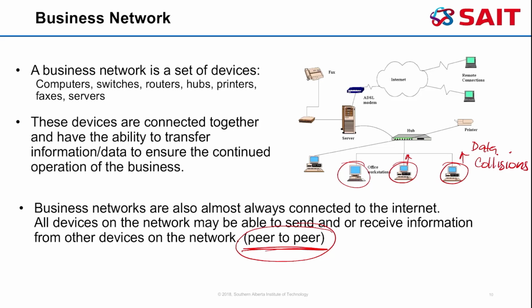So in a business network, workstations are operating peer-to-peer, which is definitely much different than an industrial or SCADA network specifically, where data collisions can't be tolerated because they could result in the loss of data. It could result in a greater than accepted latency for data being retrieved from a remote location. So peer-to-peer would not be set up for a SCADA network.